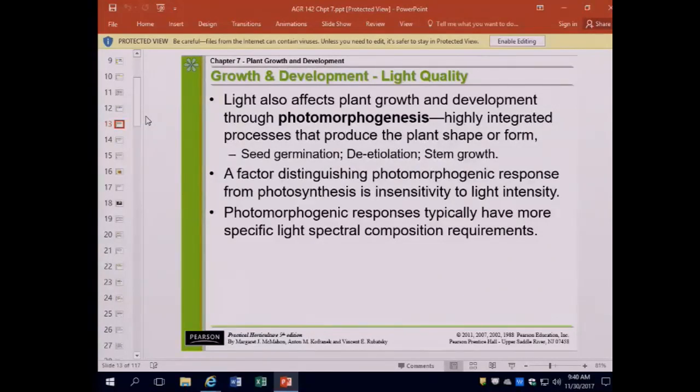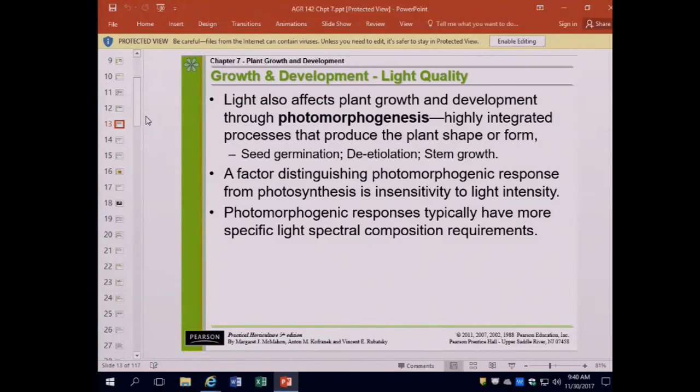And that's greatly affected by light intensity. If you have light that is of a poor quality or low intensity, generally your plants that are growing in that situation tend to be weakened.